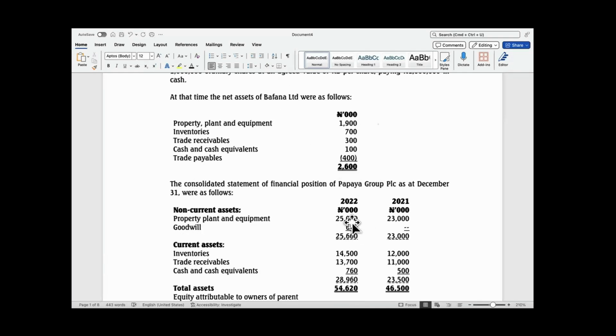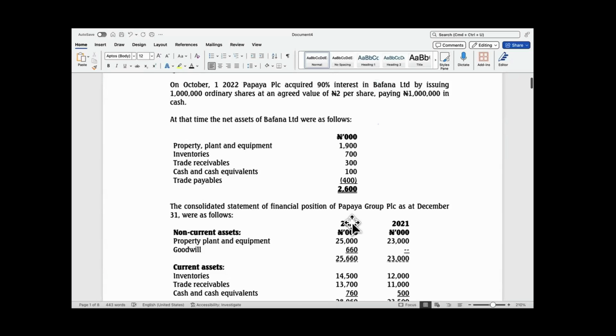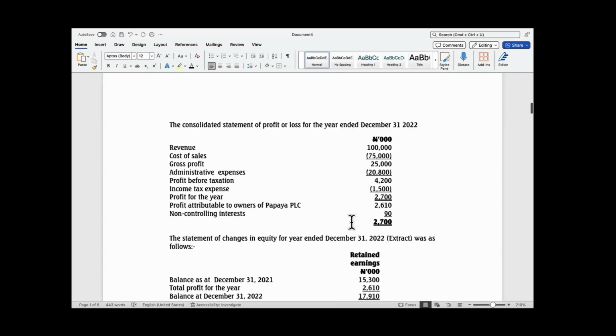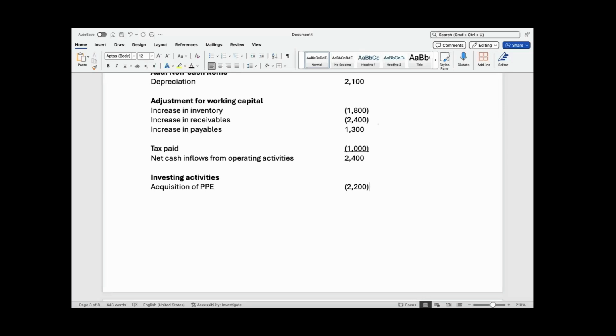You know how goodwill is determined? Purchase consideration compared with net asset acquired. The only cash element there is the purchase consideration we paid in cash, netted off against how much money we met in the subsidiary's account. In this case, we have 900,000. So I will go to my investing and have acquisition of subsidiary, with 900 as an outflow.